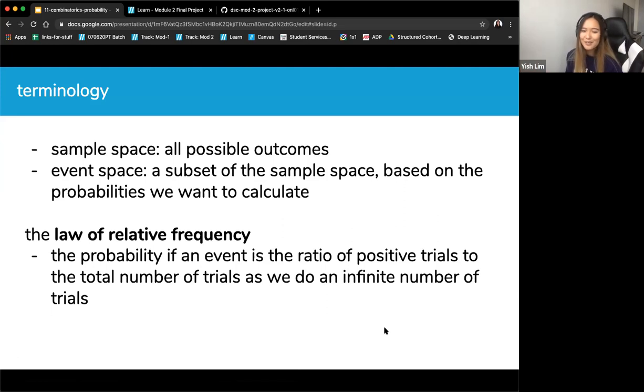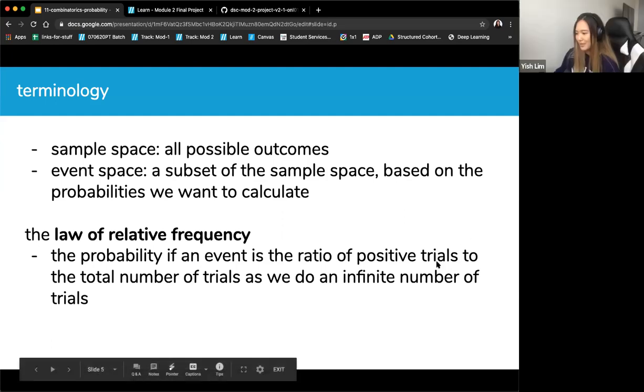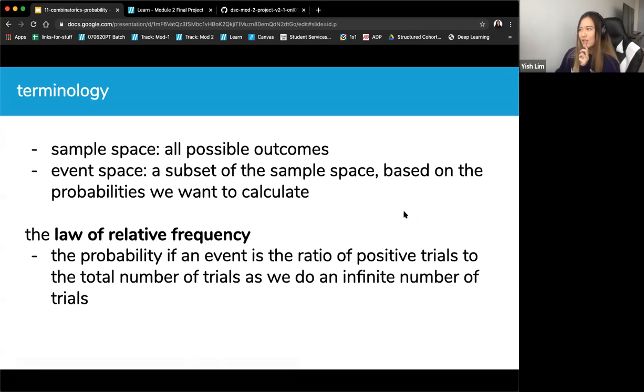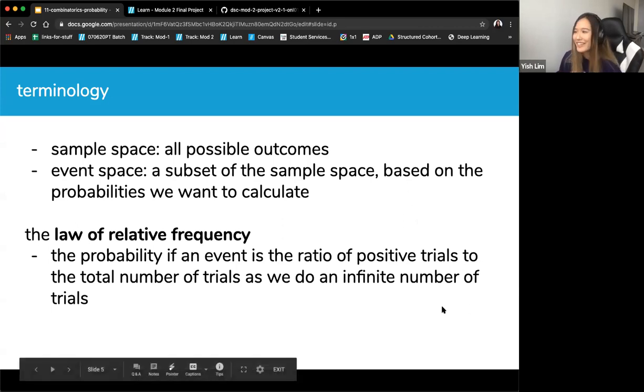It's a little bit philosophical, conceptual. This is also known as the law of large numbers. If anyone has ever seen that phrase around, just know that that's also a thing.